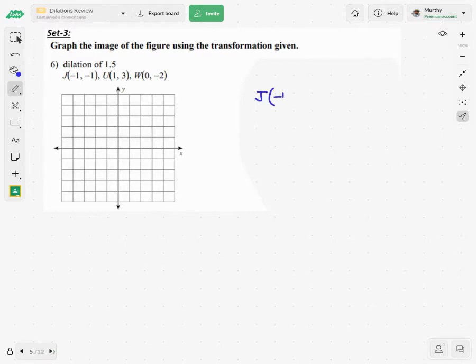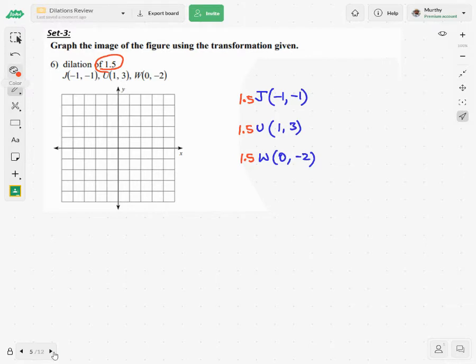J is (-1, -1), U is (1, 3), W is (0, -2). And you see that the scale factor is given as 1.5. So you are expected to multiply all these values by 1.5.